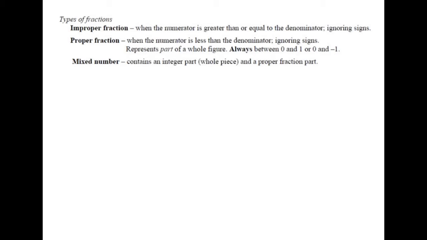This page shows the 3 different types of fractions you're going to run into. The one you'll see most often is proper fractions, where the top is smaller than the bottom. Because we're doing rational numbers, the top can be negative, the bottom can be negative, or the entire fraction can be negative.